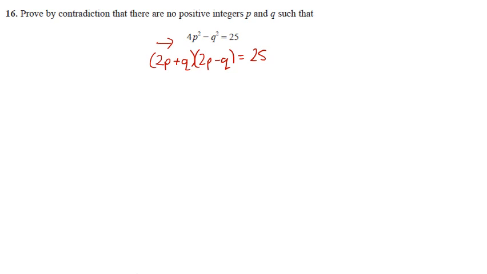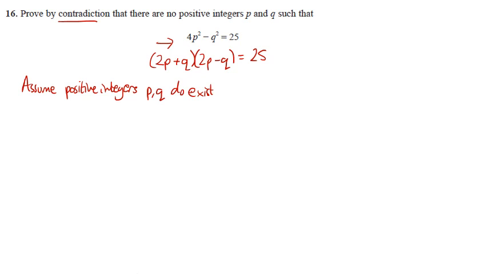Okay, so what we're going to do, prove by contradiction. So we'll assume that positive integers p and q do exist that satisfy that equation.